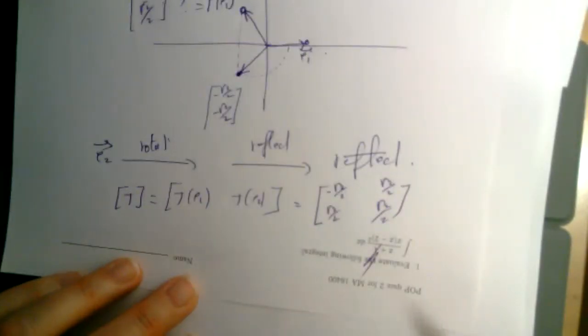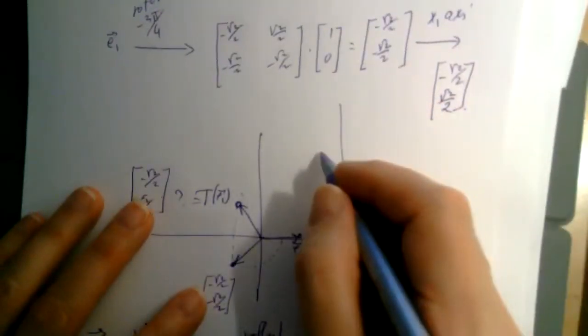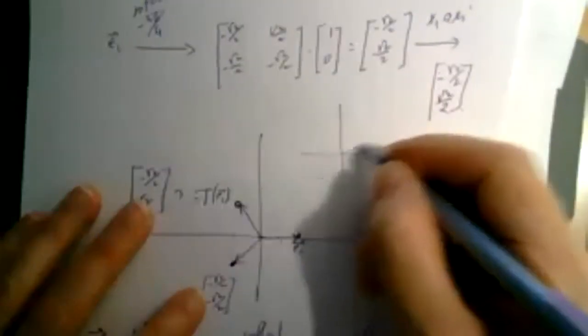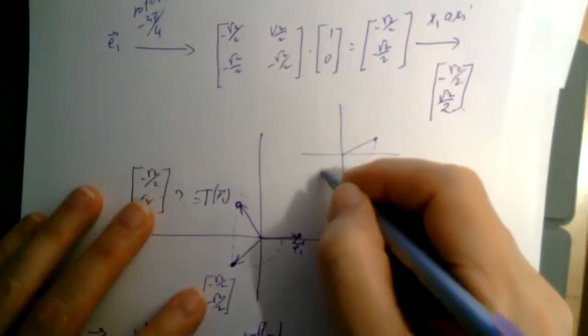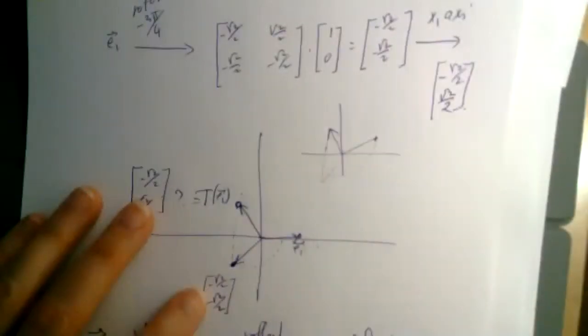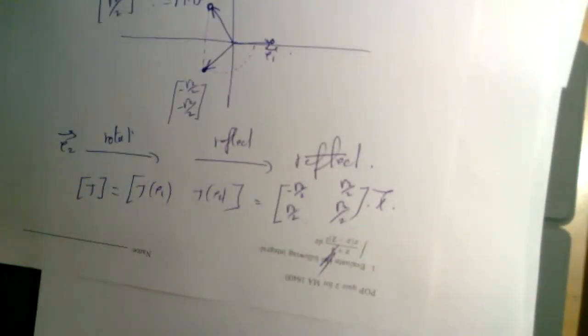And now if I take any vector I want, if I rotate it by minus 3 pi over 4 and then reflect it, I know exactly what happened to it. I just take the standard matrix, multiply it by the vector, and I know where everything went. Right? Okay, any other questions before I proceed to the new material?